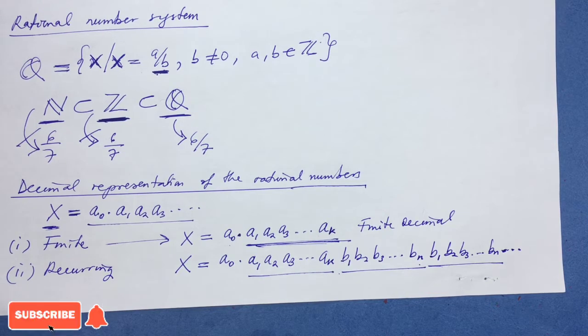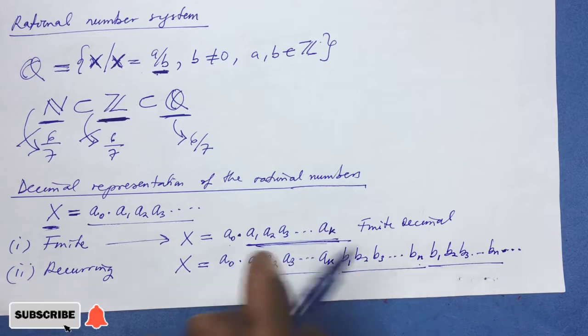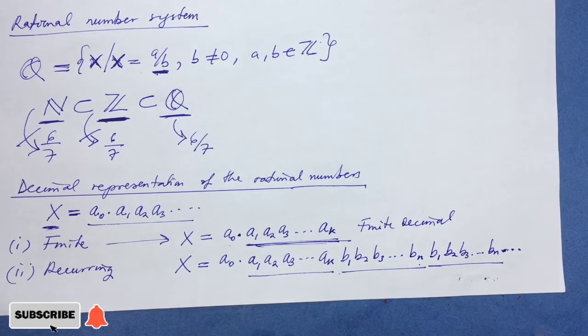So there are two ways to know that a number you are dealing with is clearly a rational number, especially when that number is in decimal: look at the kind of decimal you have. If the decimal has digits after the decimal point that are fixed, that kind of decimal is called a finite decimal, and whenever you have a finite decimal, it can only come from a rational number.